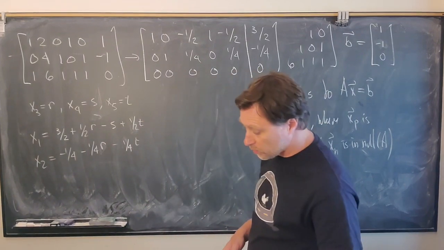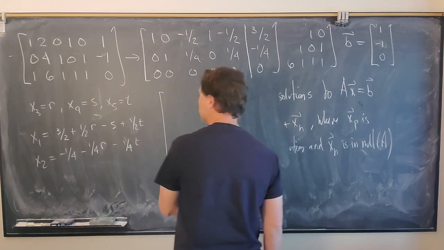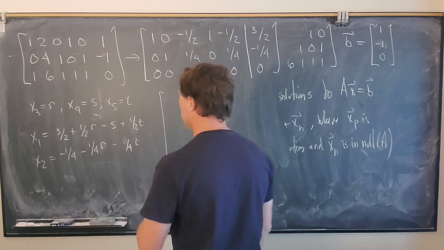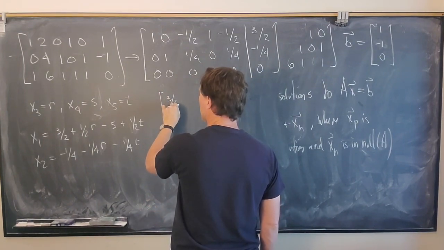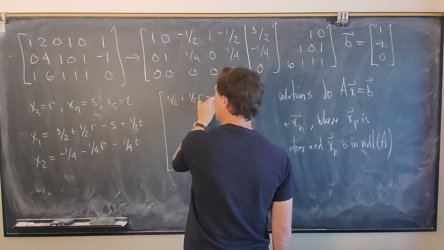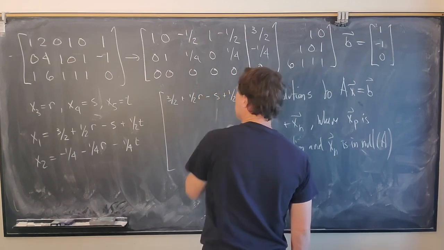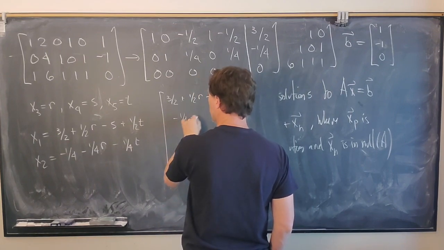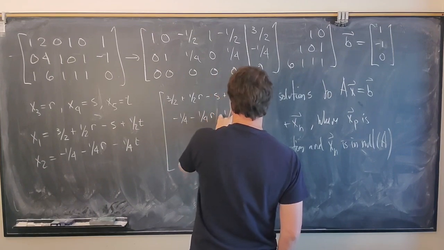Okay, so the general solution then looks like this. x1 is going to be 3 halves plus 1/2 r minus s plus 1/2 t. And then x2 is minus 1/4 minus 1/4 r minus 1/4 t.